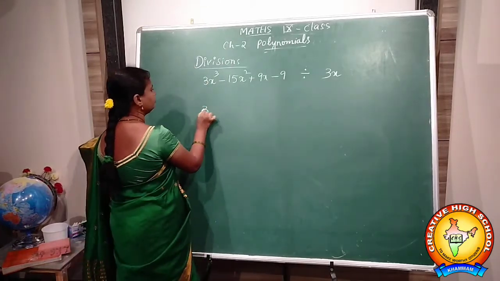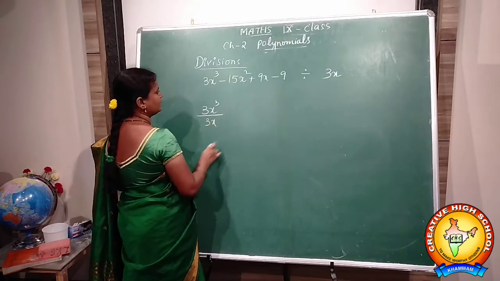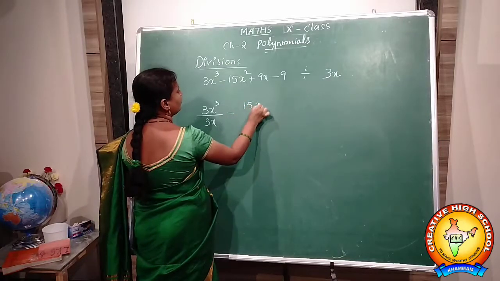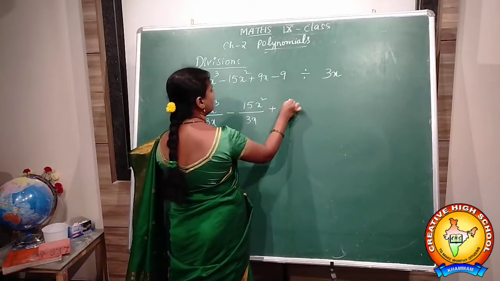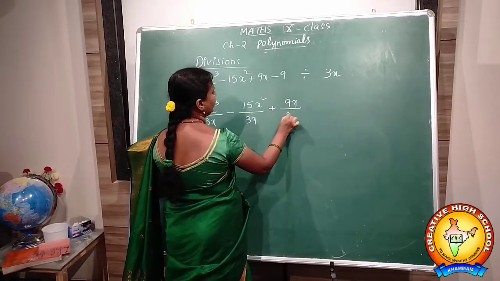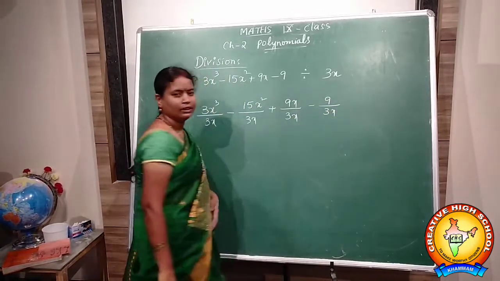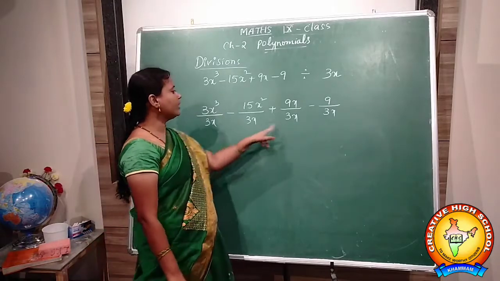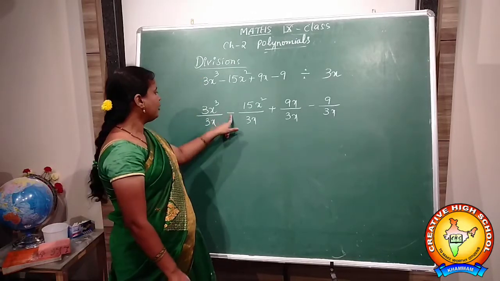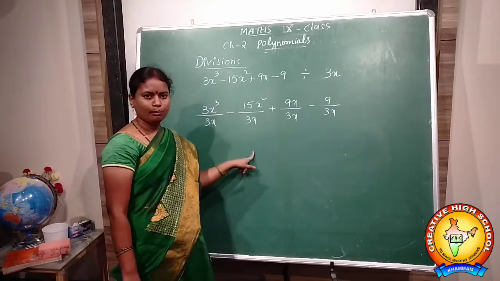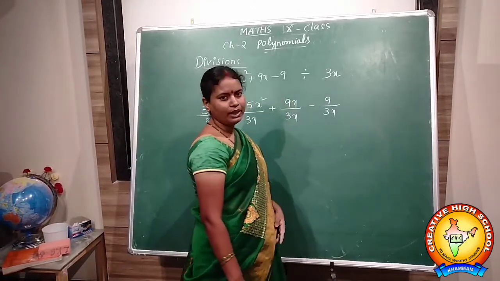See here, 3x cubed by 3x minus 15x square by 3x plus 9x by 3x minus 9 by 3x. Individually we have to divide with the 3x.